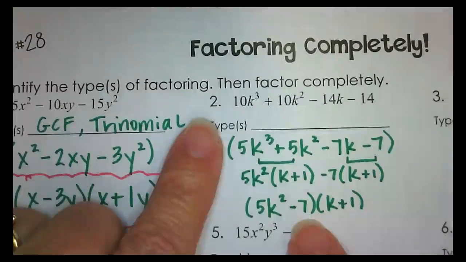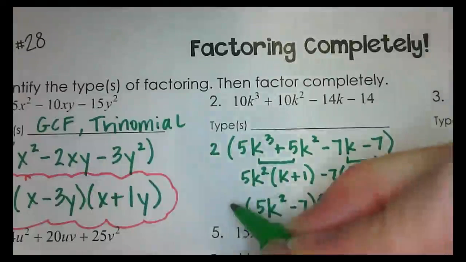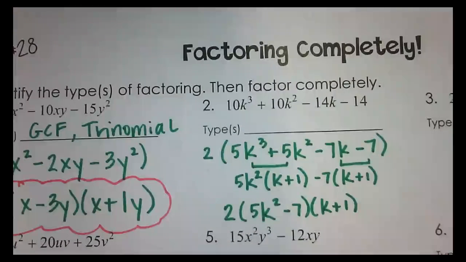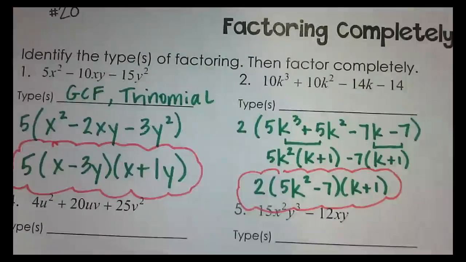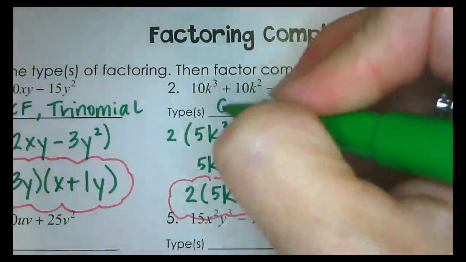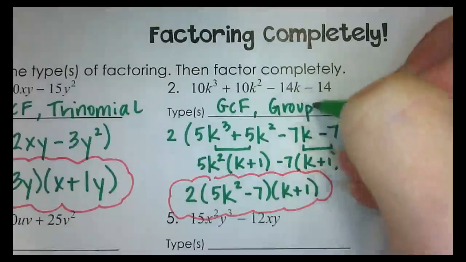If I multiply these back together to check, I will not get that unless I include the 2 as part of my answer. So there is my answer. And the types of factoring I did here was GCF, and then it was grouping.